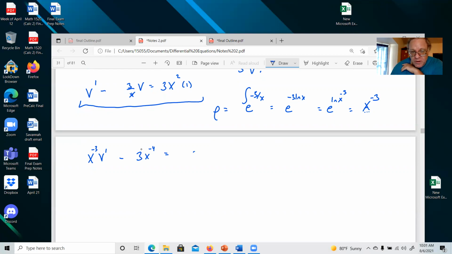This is equal to 3, x to the negative 1. Double check to make sure there's a v here. Is this the product rule of x to the negative 3 v?